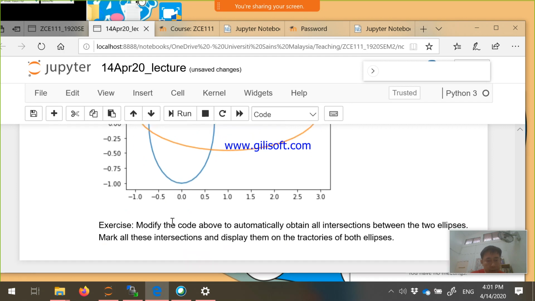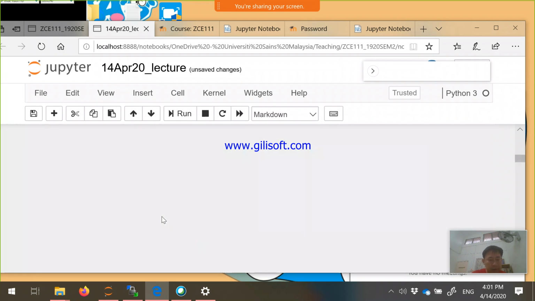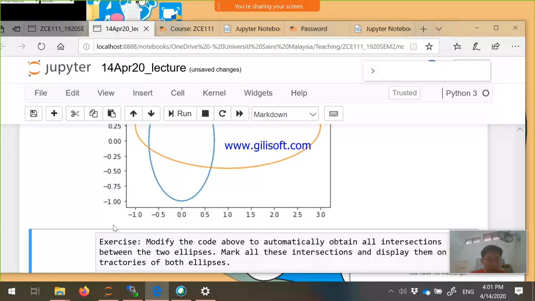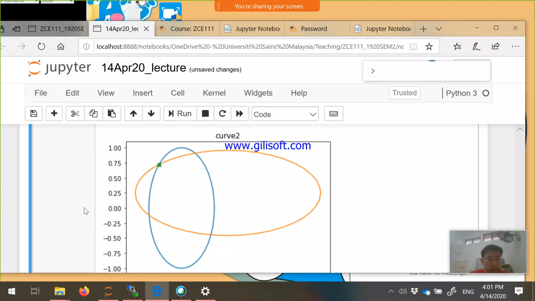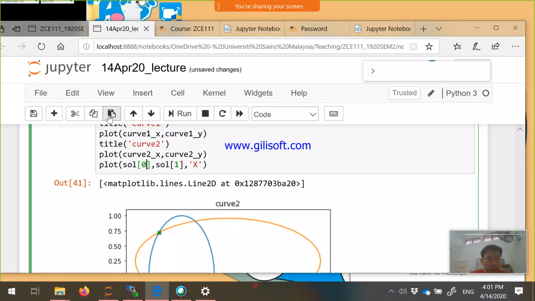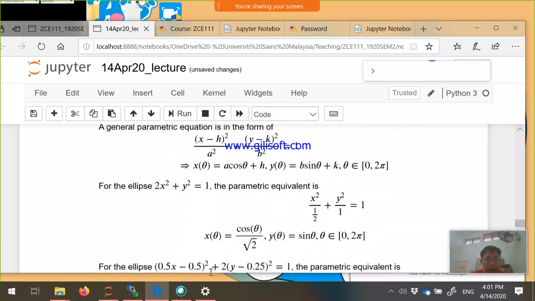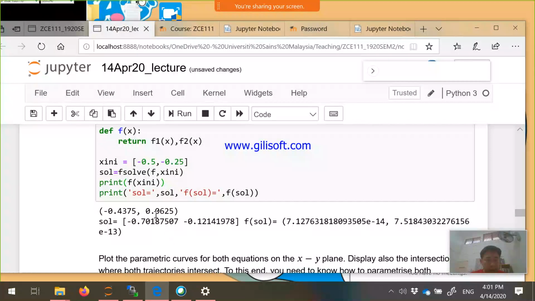I forgot what the coordinate is already just now. Sorry, I can't remember the number well. So this is the initial guess, and the solution for this initial guess is this number.